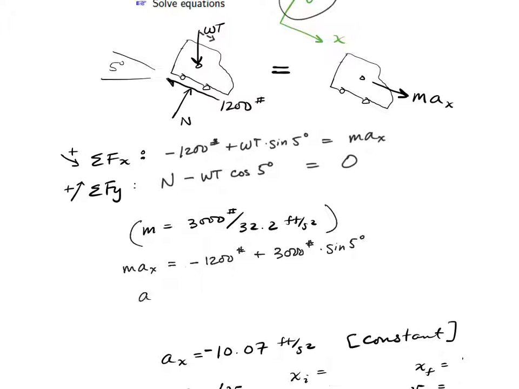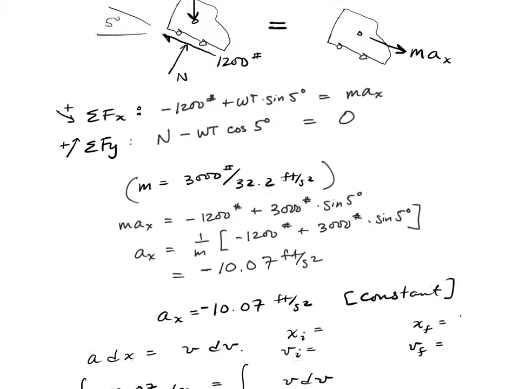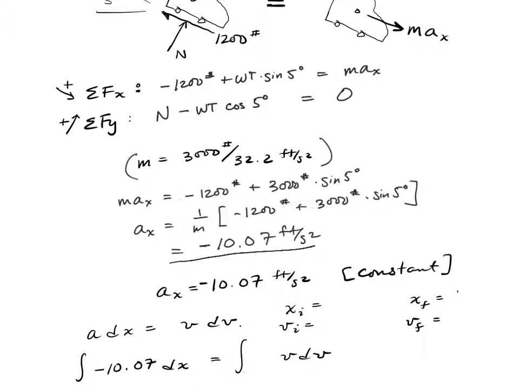It tells me that a_x is equal to 1 over the mass of that quantity, minus 1,200 pounds plus 3,000 pounds times sine of 5 degrees. If I do that math, I end up with the acceleration equal to minus 10.07 feet per second squared. So that thing's going to be a constant. Got the answer right there as well.